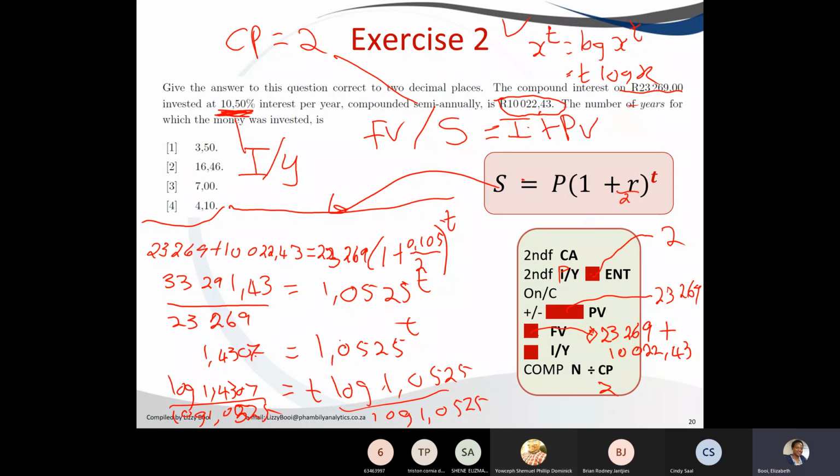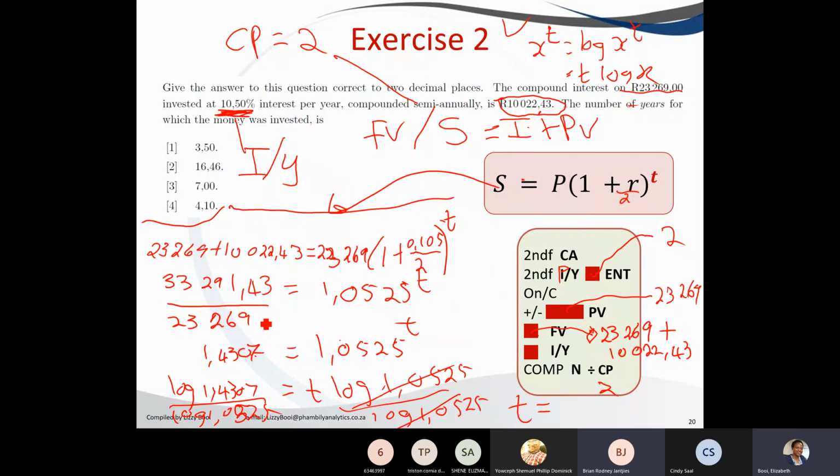The log of, sometimes it uses the ln. Let me just use the ln on this calculator. The log of 1.43. Yes, so I have an answer for you. So the log of 1.43072, I got 0.1555473.